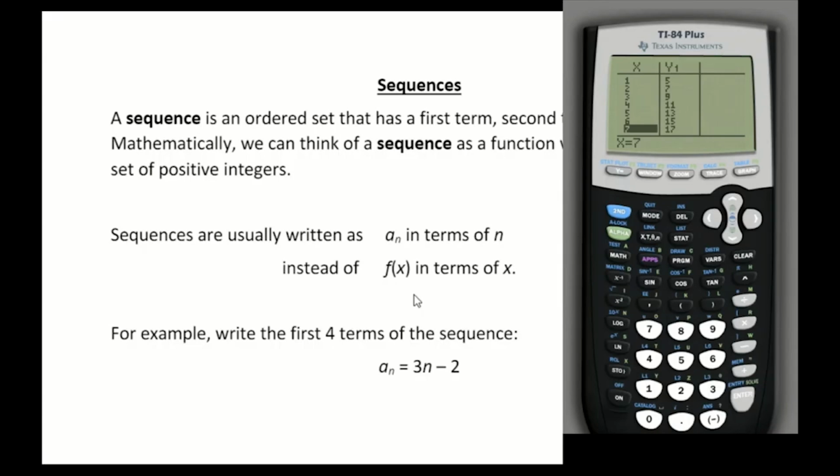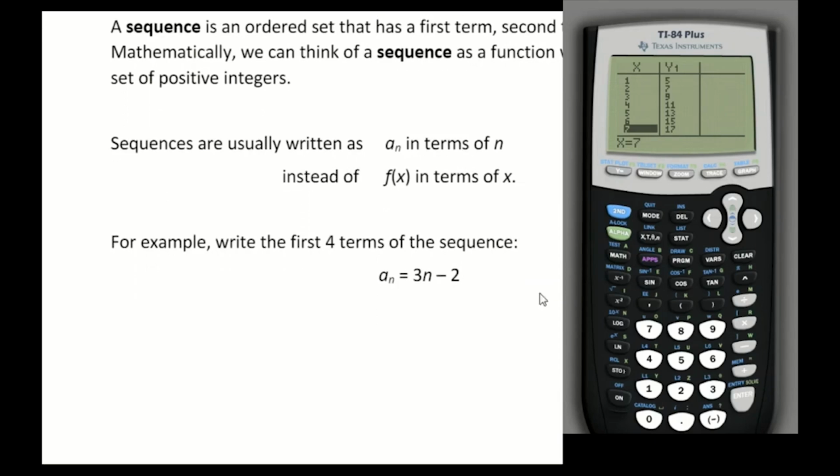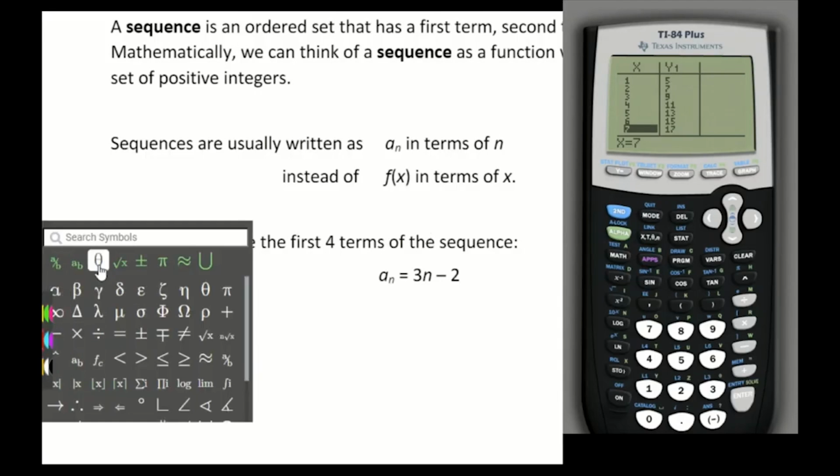So what I'll often do is ask you to write the first few terms of the sequence. So here's an example of a sequence, 3n minus 2. And if I ask you to write the first 4 terms of the sequence, this is kind of what I'm looking for.